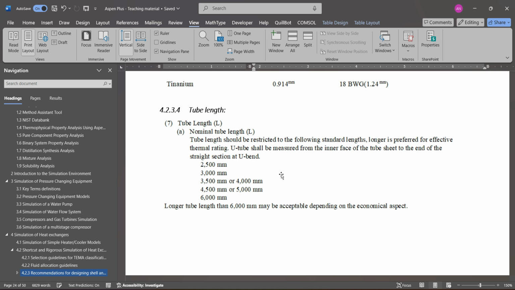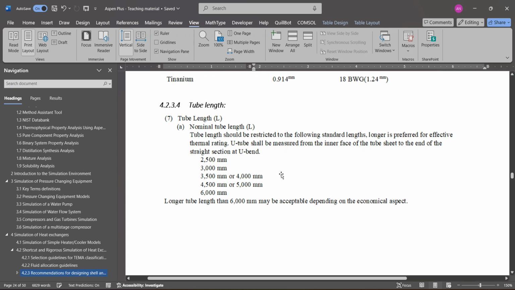If we are getting out of the available standards or practices, then that heat exchanger should meet the required services and should be inside the safety margins. For the tube length, it is possible to get 2.7 meters, but that's not the common practice. We have 2.5 or 3 or 3.5 meter lengths of the tubes.